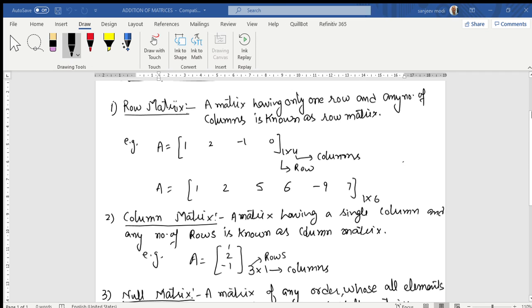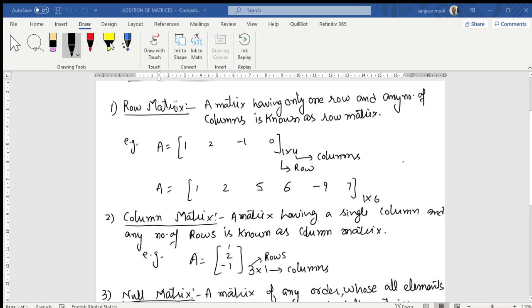For example, here is a matrix A of order 3 by 3, 1, 2, 3, 4, 5, 6. Here is 0, 0 and 0.